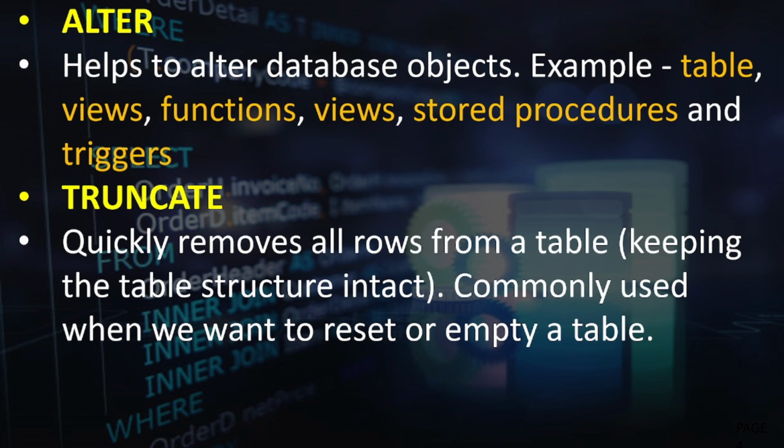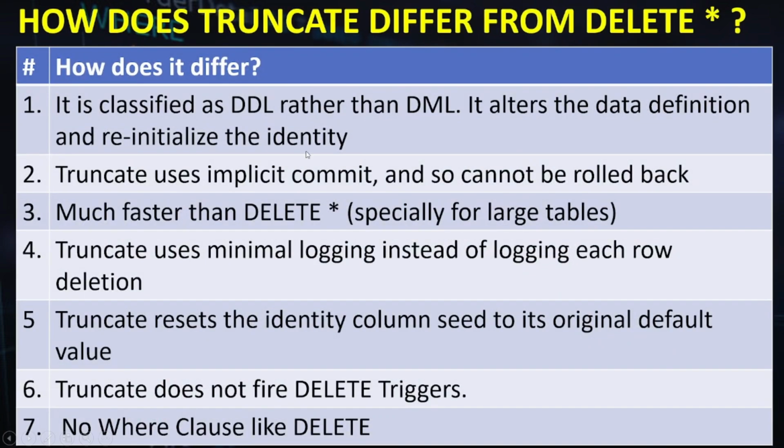If you have a huge table and you want to empty it, truncate can be used in that case. So there are significant differences between truncate and delete. Truncate is a DDL, data definition, whereas delete all or delete star is DML, right? So the way delete star works is different from the way truncate works.